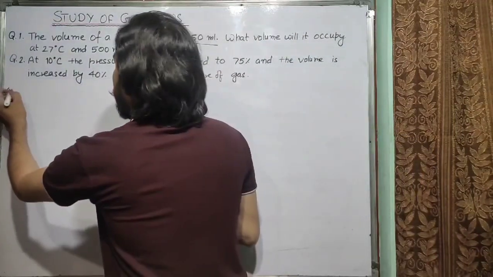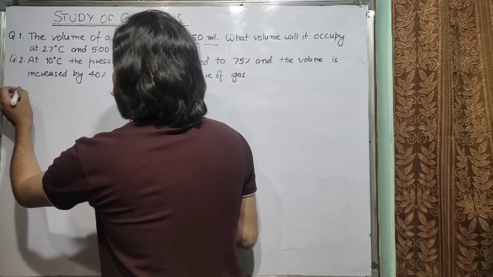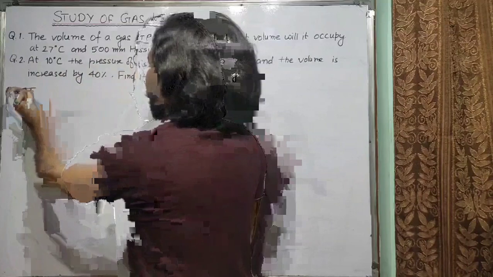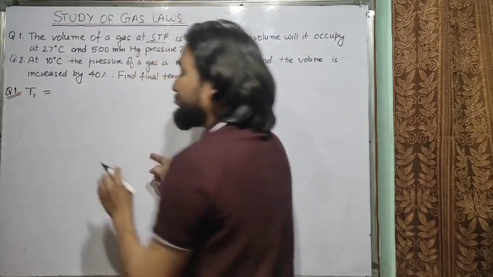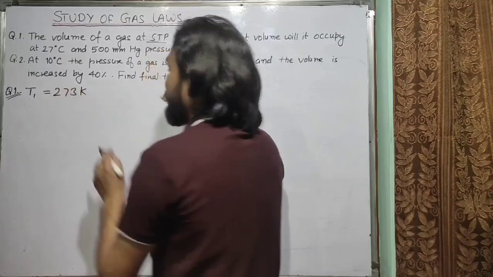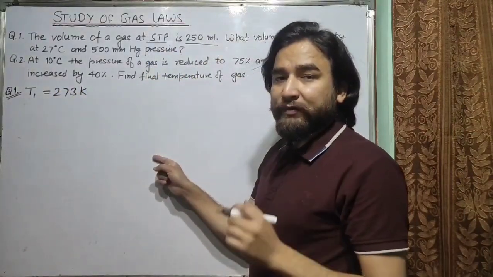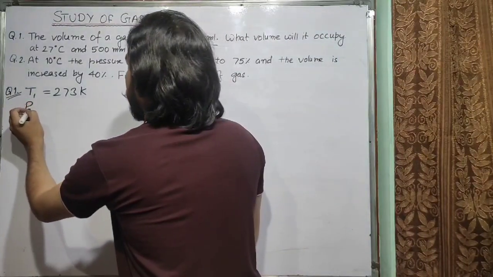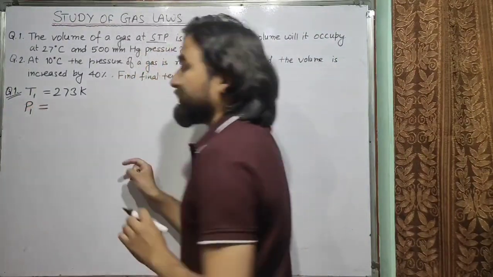So in question number 1, in condition 1, what is the standard temperature? Let us say it is T1. So T1 is 273 Kelvin because standard temperature is 273 Kelvin, and since it is STP, the standard pressure, let us say it is P1.